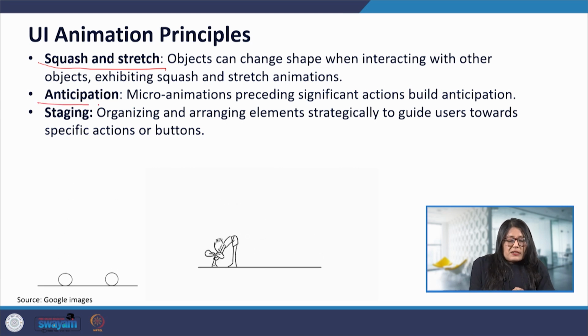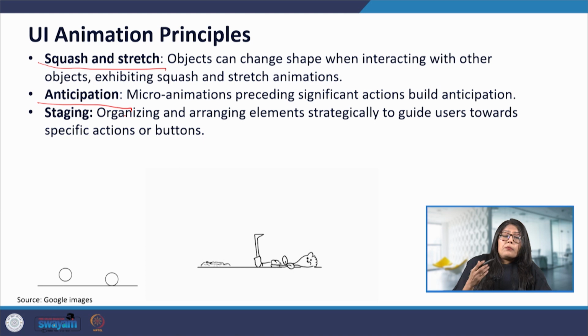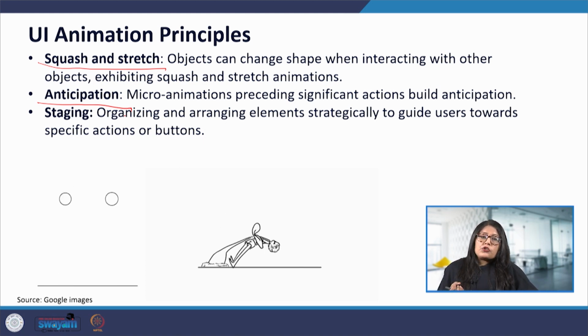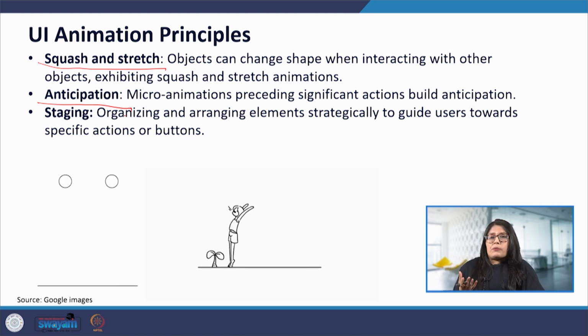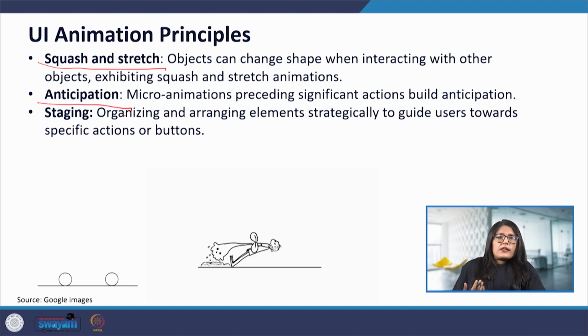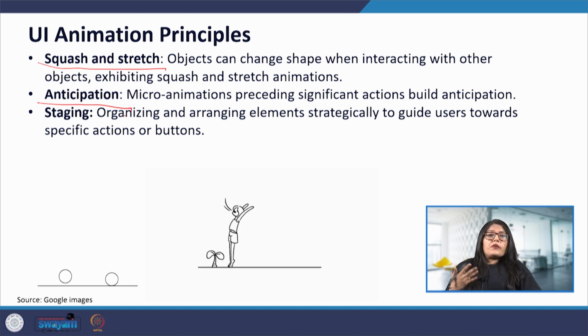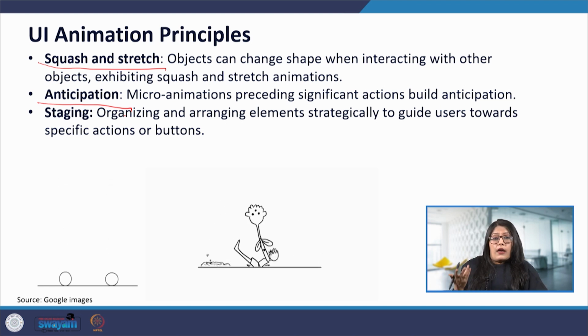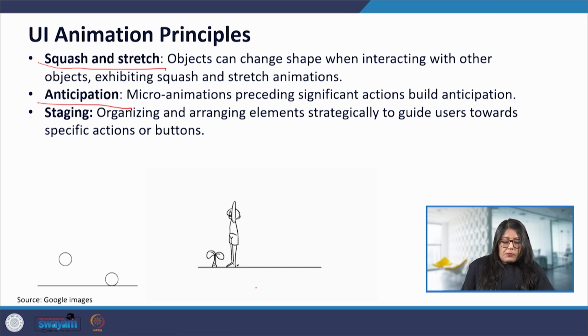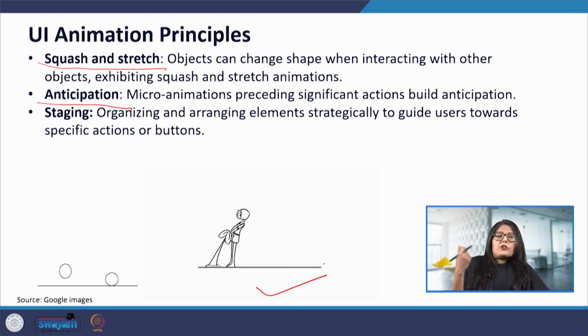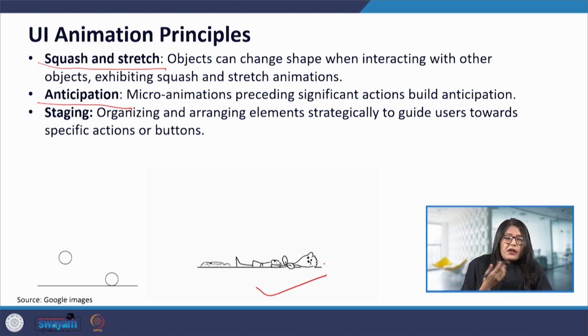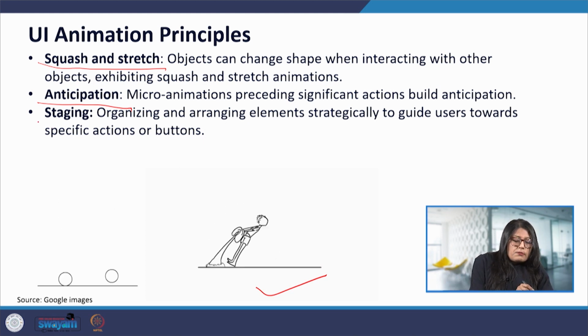Or anticipation, where some micro animations cause a feeling of anticipation, like we saw in the previous slide, where the user is waiting for what will happen. Here also we can see in this example that we are waiting to see what happens when this person pulls it, will it come out or not, or many other feelings may be generated.